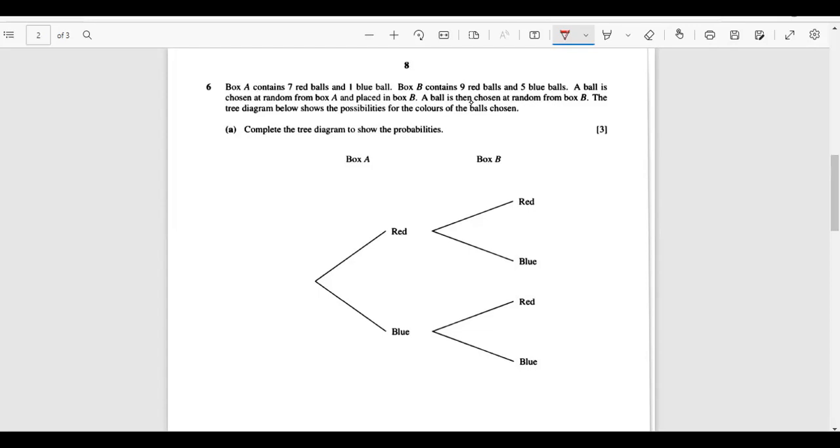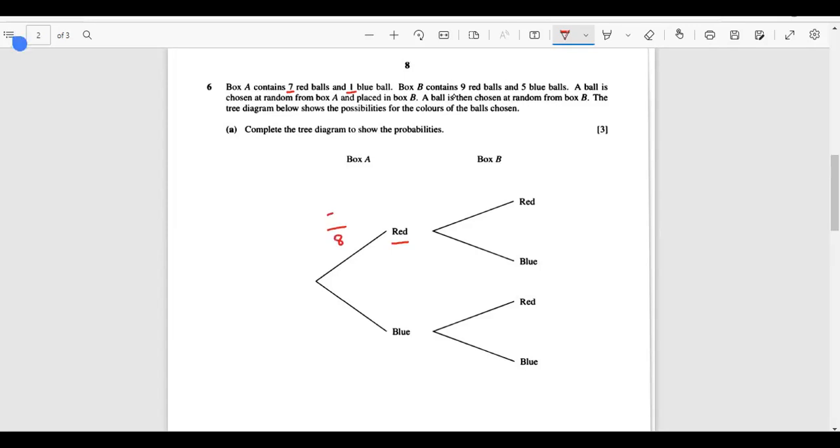Okay, now we can try doing it. So it says, for box A, what is the probability of getting a red ball? So we have 7 red and 1 blue ball, so the total is 8.